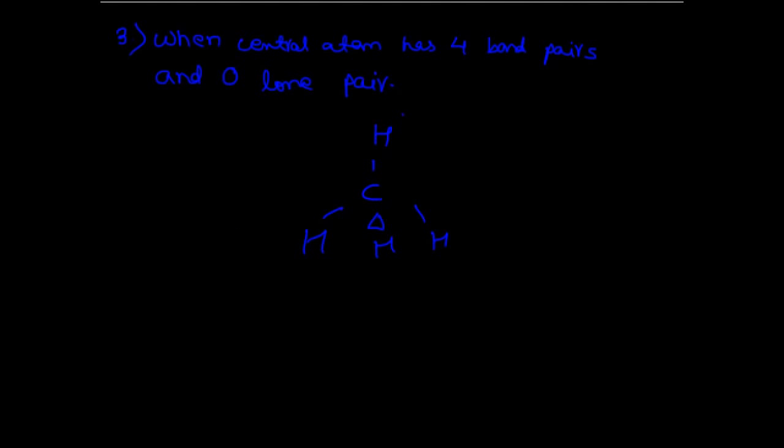So if you consider the 3 dimensions, then you must know that the 5 atoms in this molecule are in 3 different planes, are in many planes. So that is why this molecule is not planar. Hence its shape is tetrahedral.